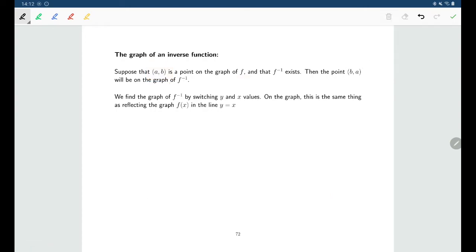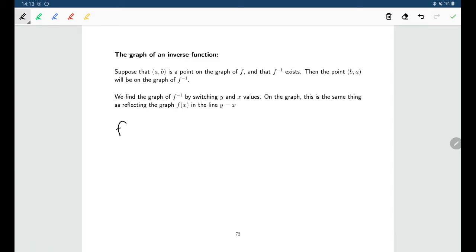So if you're thinking about taking the graph of f and using that to find the graph of f inverse, essentially all you'll be doing is taking all of your points and switching the order of first coordinate and second coordinate. In other words, we're switching all the y values and all the x values. That also means that you'll be switching any y properties and x properties.